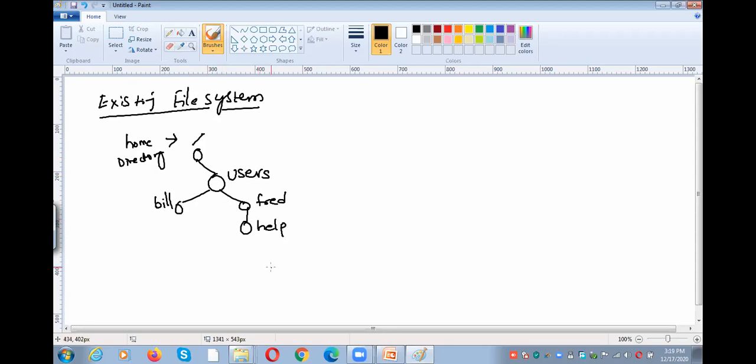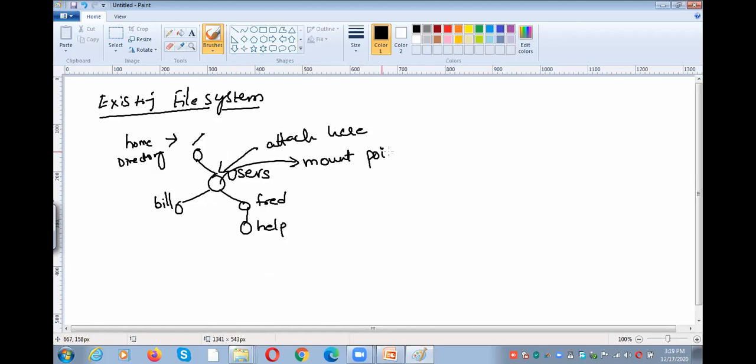So you want to attach another file system to this file system, that is called file mounting. Where do you want to attach? You want to attach it at users. Attach here. When we are attaching here, then automatically it will be the mount point.